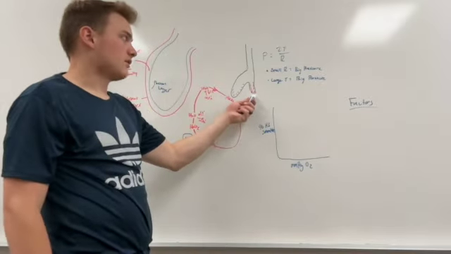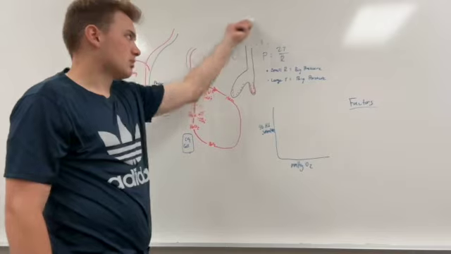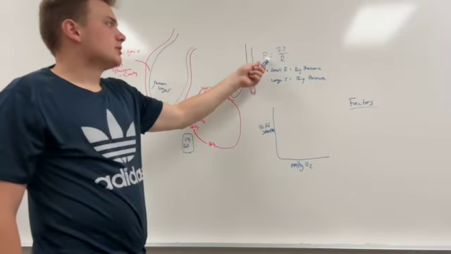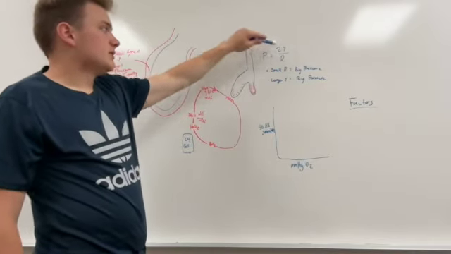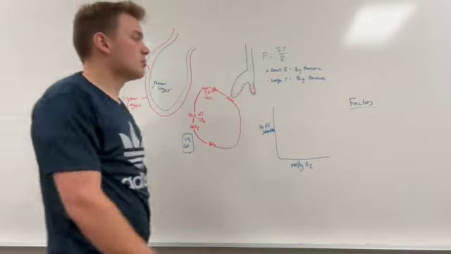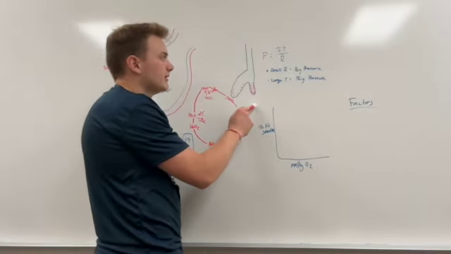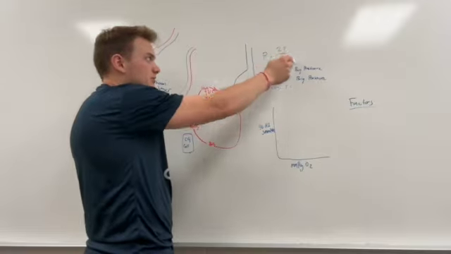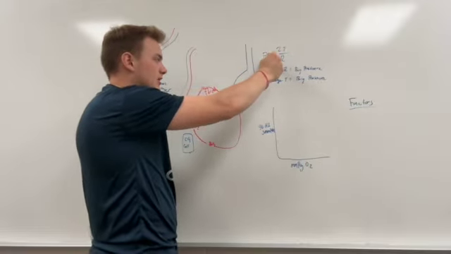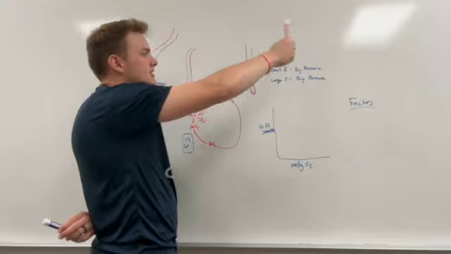This part's a lot harder to fill up than this part, and that comes from Laplace's law. So pressure is equal to 2 times the tension divided by the radius. So if we have a small radius, like we do with the small guy here, that's going to equal a big pressure because it's on the bottom, so it's inversely correlated. And if we have a large tension, again, it's going to equal big pressure.